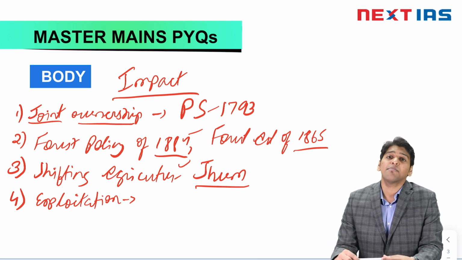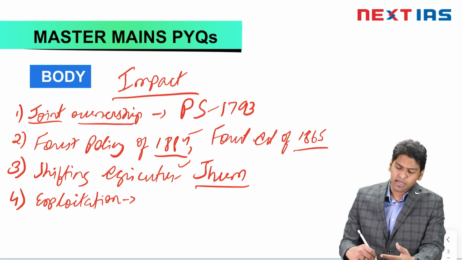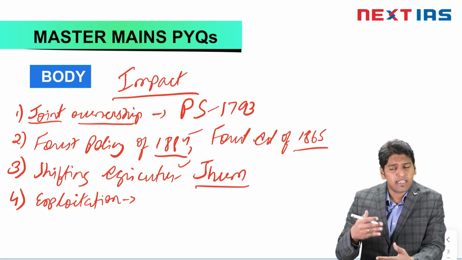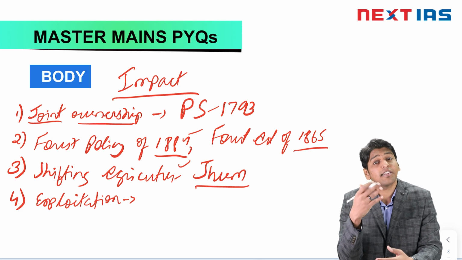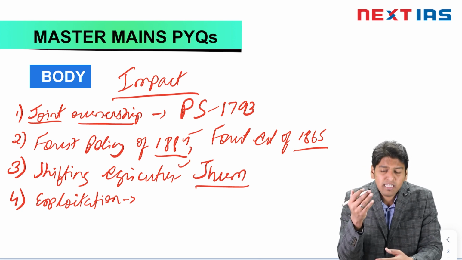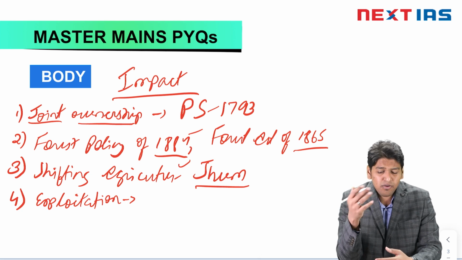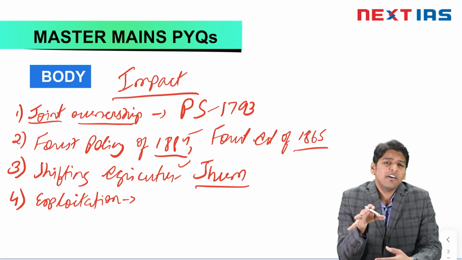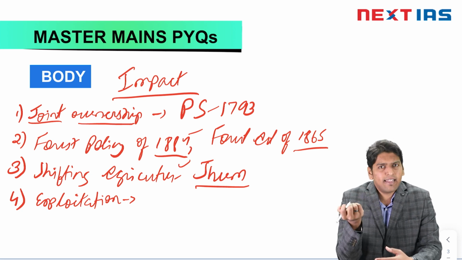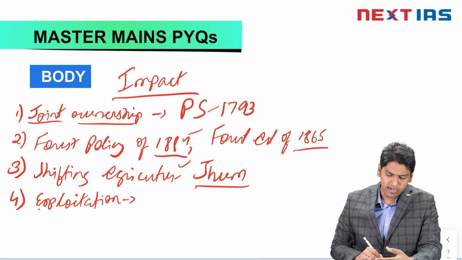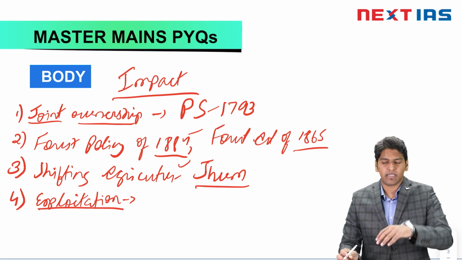But after the British came, and commercialization of agriculture happened, money lenders started entering the tribal areas. They would sell the tribal people things they don't need at a very usurious rate of interest, and then when they buy, they would be under their debt. So it led to exploitation of tribals.